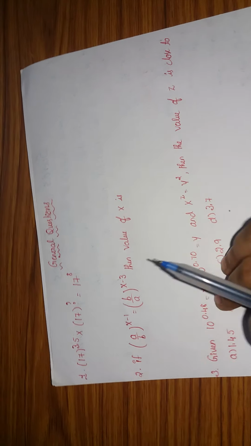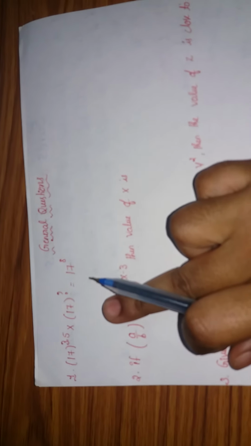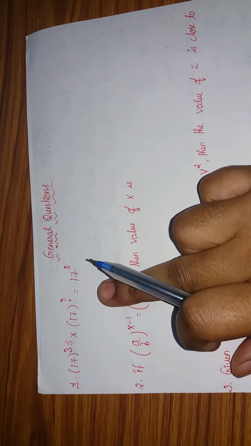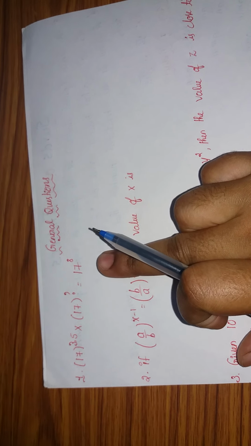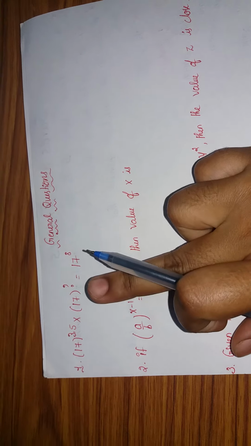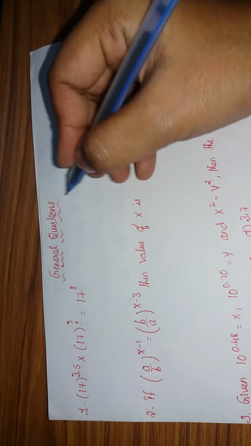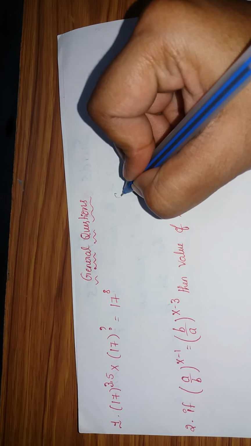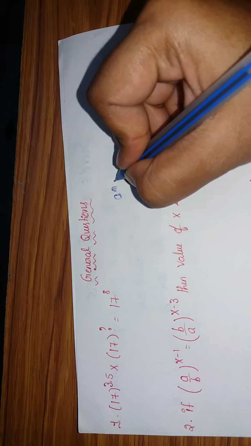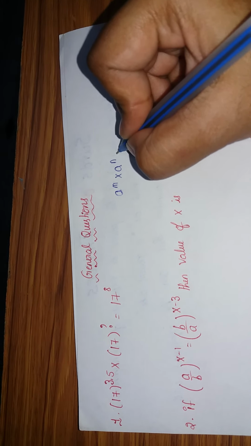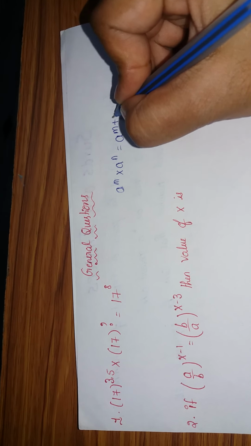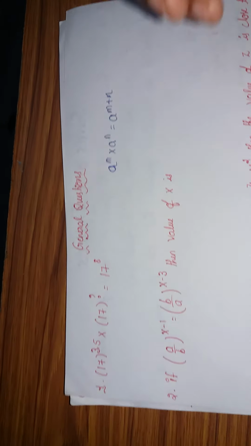First one. 17 power 3.5 into 17 power question mark is equal to 17 power 8. We have to find the value in the question mark place. We know the formula that a power m into a power n is equal to a power of m plus n.